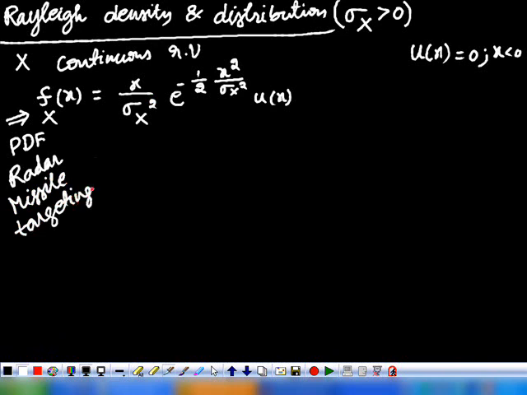In such applications, we need to define various random variables, and such random variables can be characterized by this particular probability density. That's why we are studying this particular Rayleigh density.